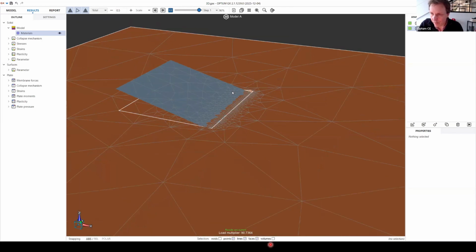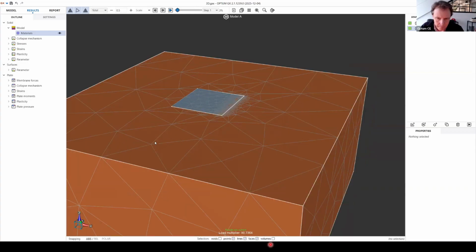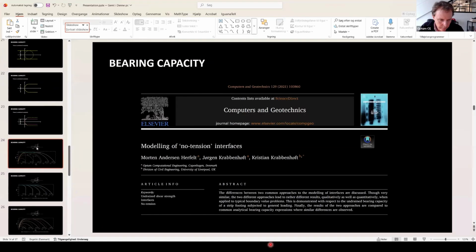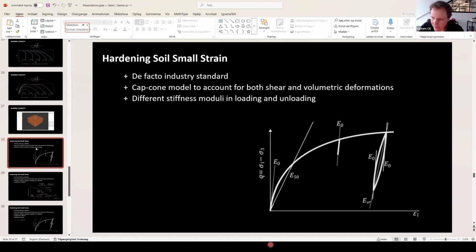And so the interfaces with tension cutoffs kind of work, it seems. So that was bearing capacity. At least I have a few comments on these VH diagrams in the end as well.